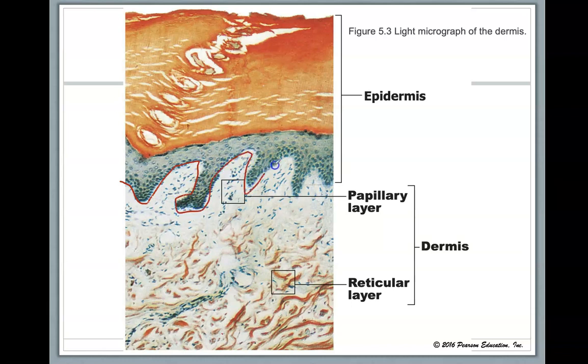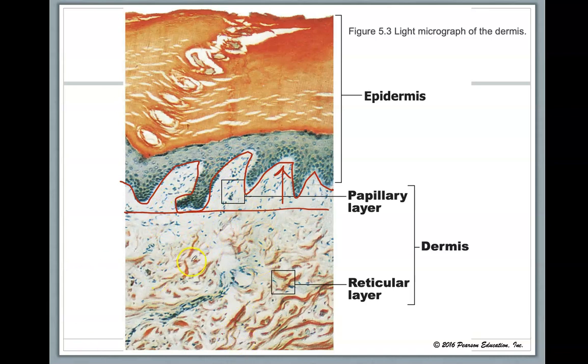And so you can see here is this papillary region. Here's the papillary layer, so you can see these dermal papillae. And then here is the reticular layer. And if you look at it, you can see that the connective tissue here looks different.